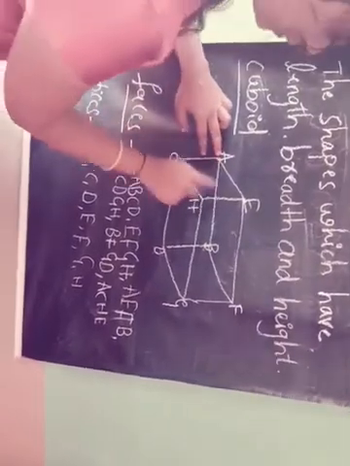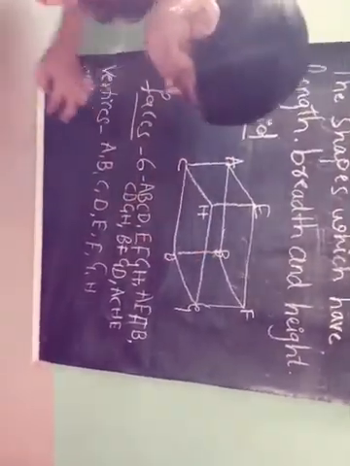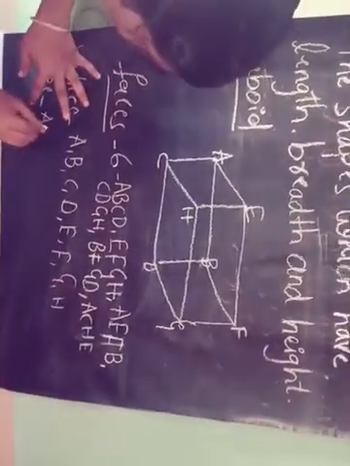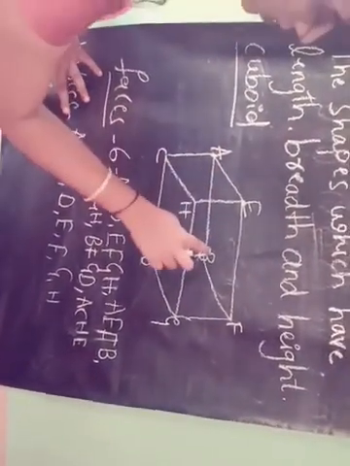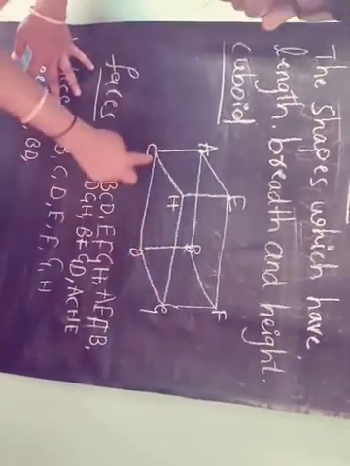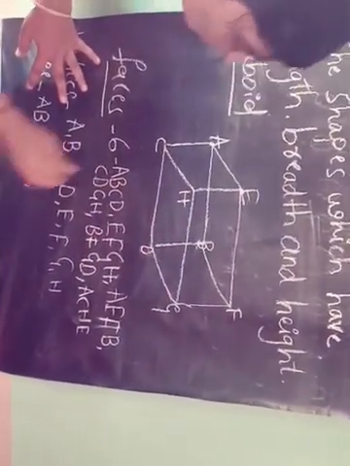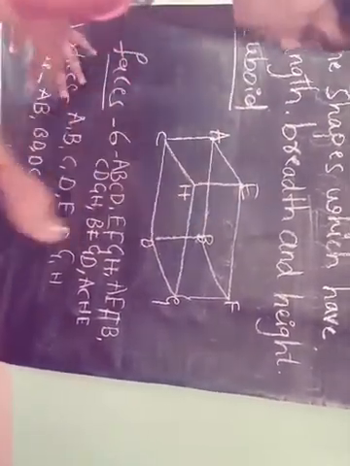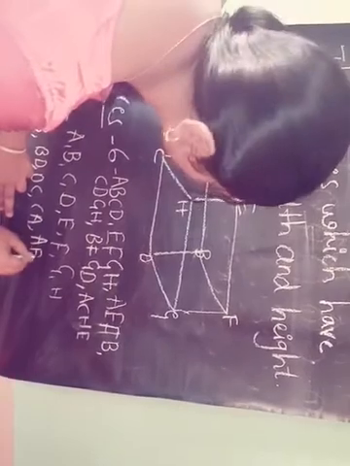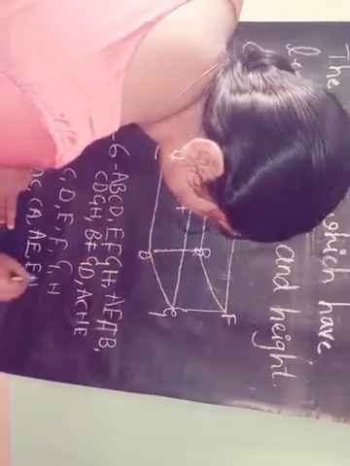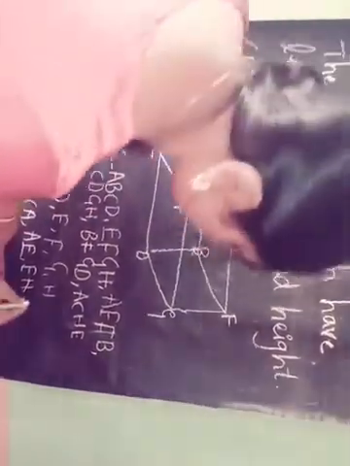Then sides. A to B is one side. AB, BD, DC, CA. Then AE, EH, HC.